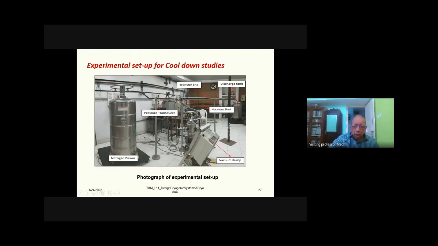And of course, you have pumping units, etc., for evacuation of the transfer line during its fabrication. This system can be instrumented for void fraction measurements, etc. And by applying a known pressure on the inlet storage dewar, the liquid will be transferred and then collected at the receiver storage vessel.